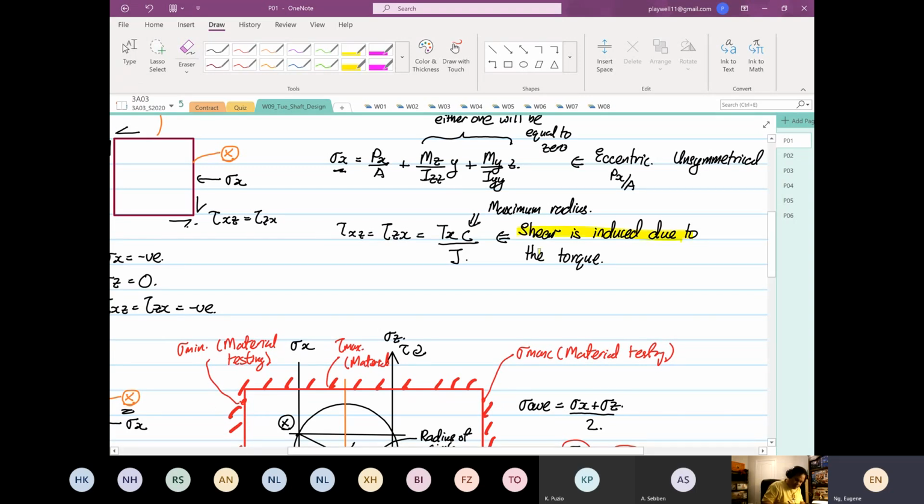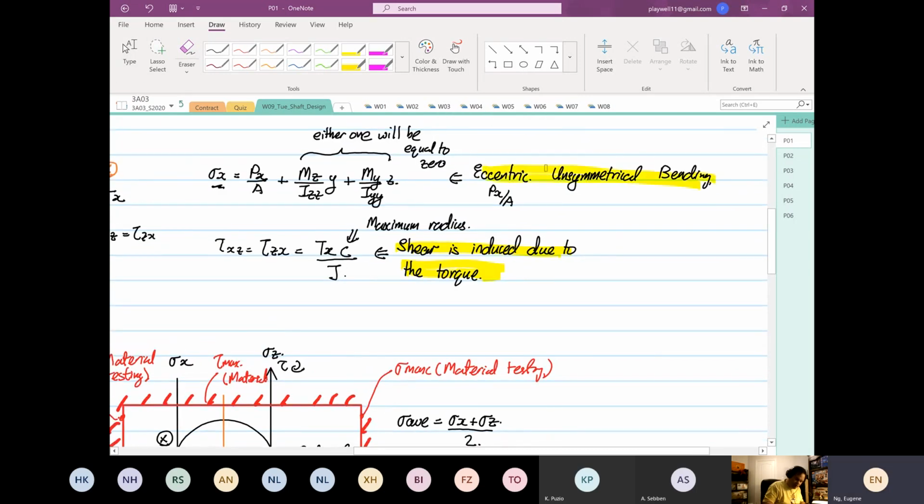This is what is not written in the previous notes.